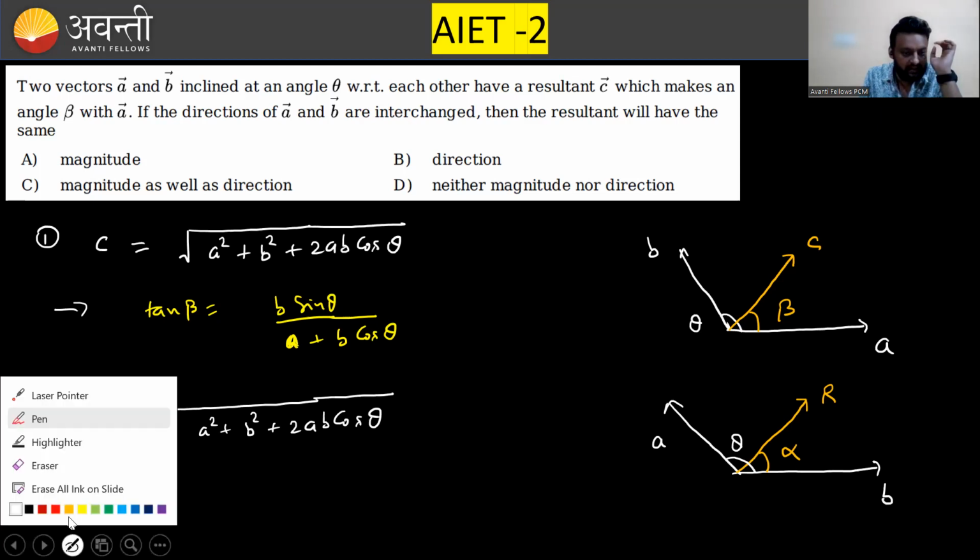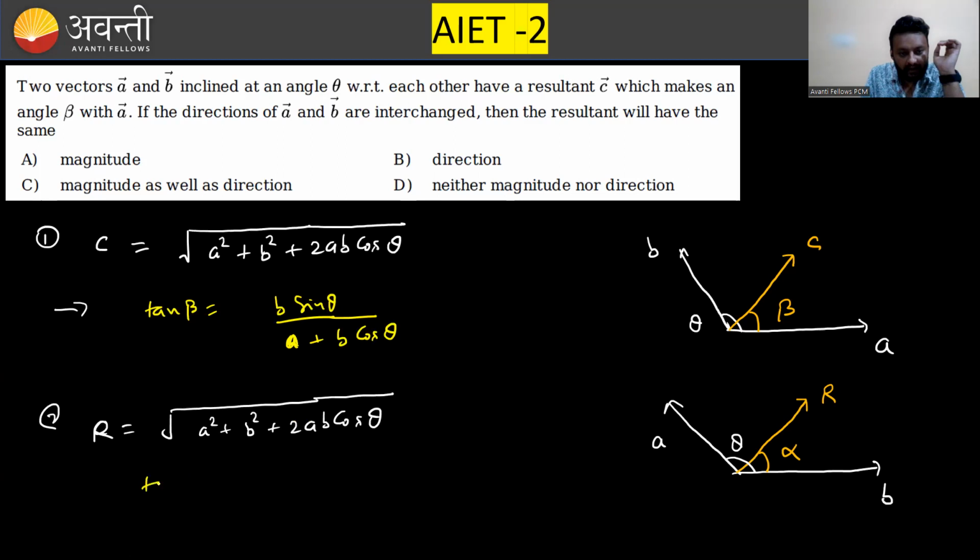Now let's check the direction as well. So tan alpha, in this case the direction angle we have taken as alpha from the horizontal direction. This tan alpha will be, this time this vector is A, that is A sine theta divided by B plus A cos theta.